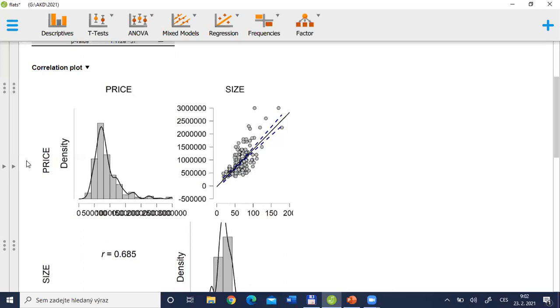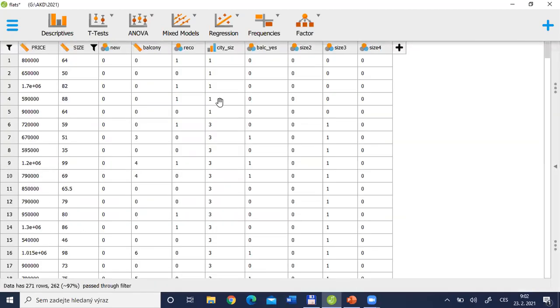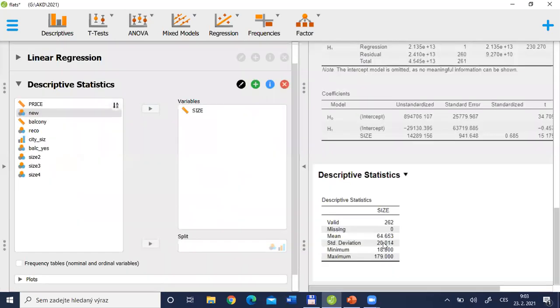We need to somehow perform centering in JASP. So we need to take the original variable size and subtract the value of the average, 64.653, from every value.